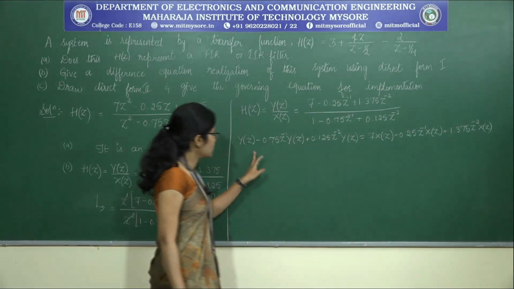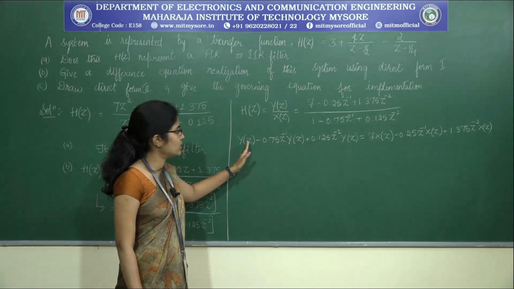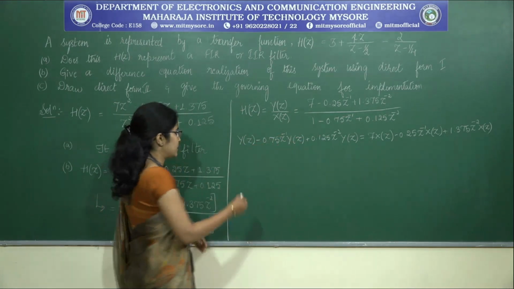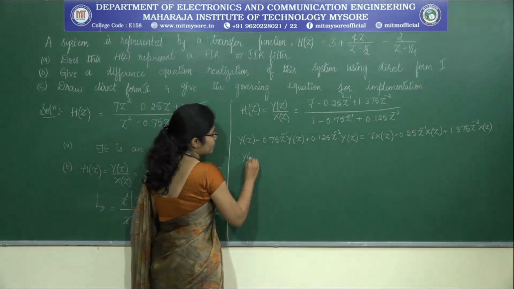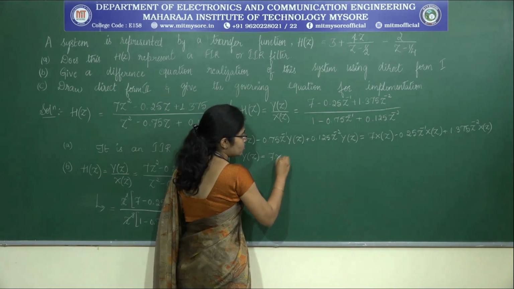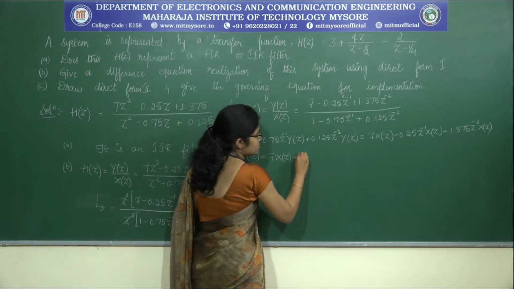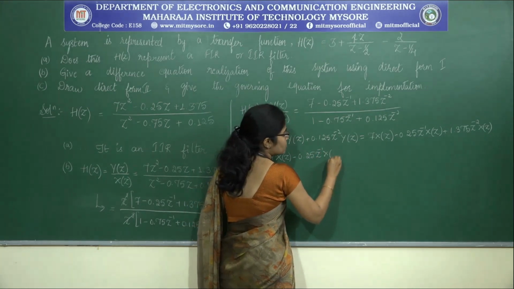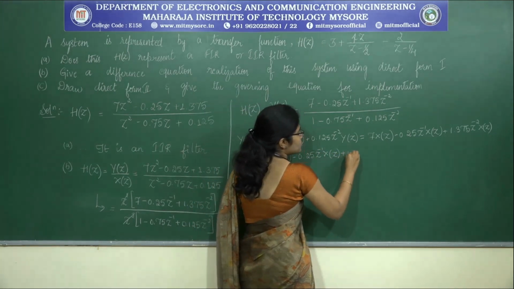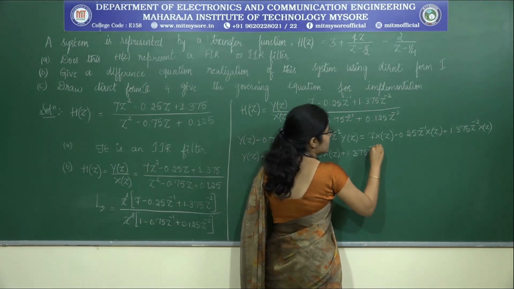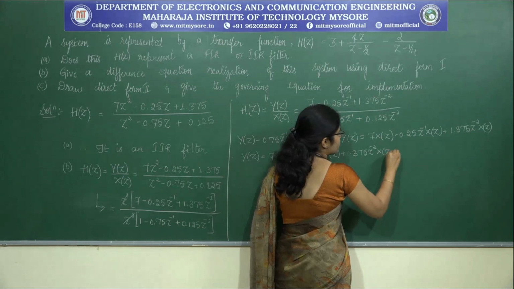Now I wanted the expression for Y(z), so keeping Y(z) on the left hand side, let us move the rest of the terms to the right hand side. Therefore, Y(z) will be equal to 7 into X(z) minus 0.25z^-1 into X(z) plus 1.375z^-2 into X(z).